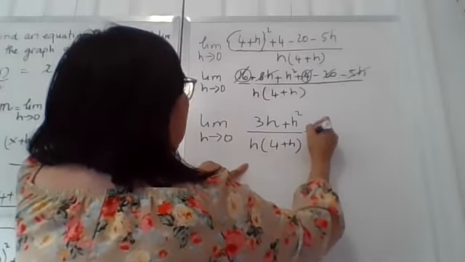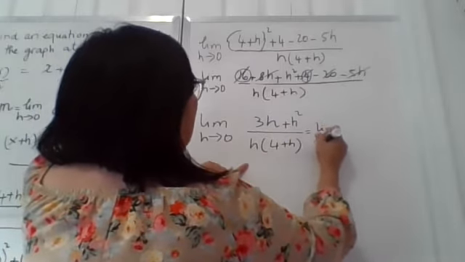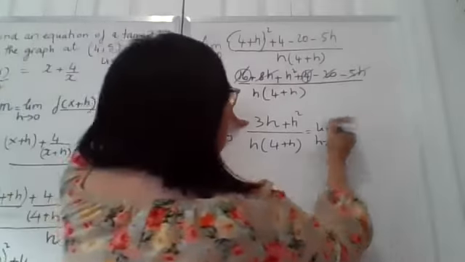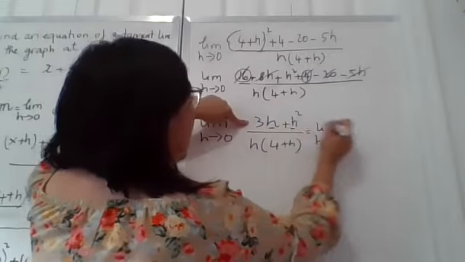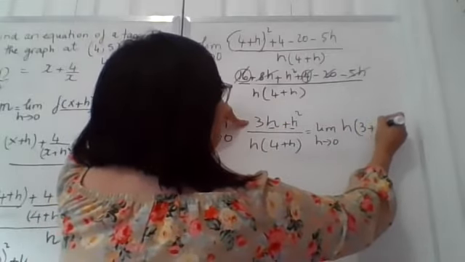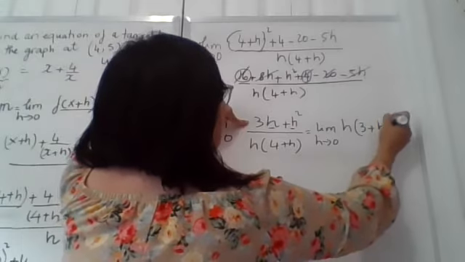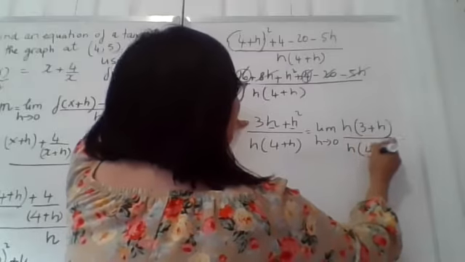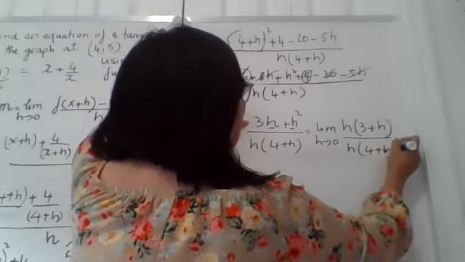So now this becomes the limit as h approaches 0. Let's factor this out a little bit. The common factor for this is h, so we put down h times (3 plus h) over h times (4 plus h).